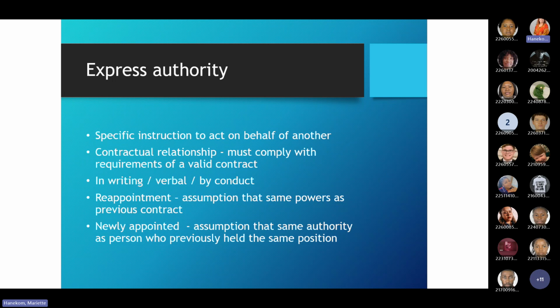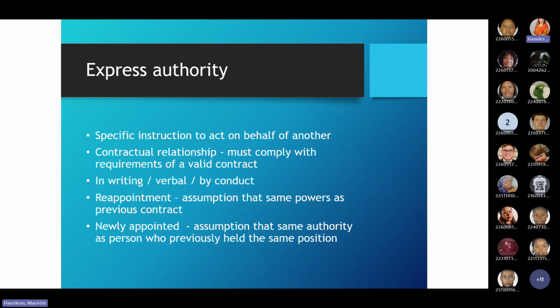What is of vital importance for you is that you must be able to recognize that express authority is a specific instruction, a specific authorization to conclude a specific contract.